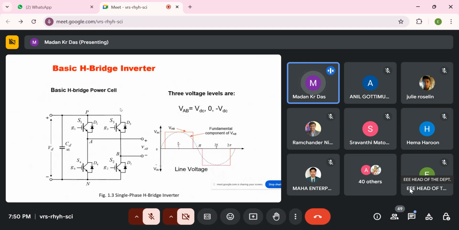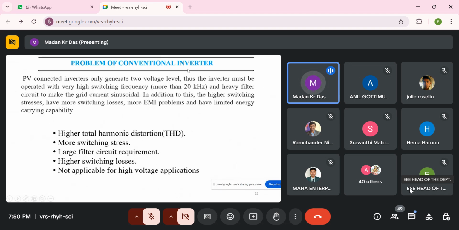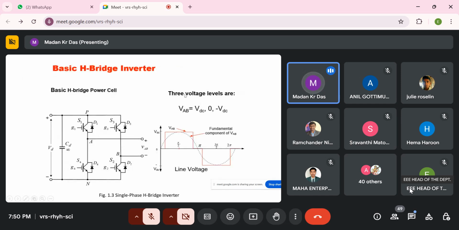Okay, so this is the problem of some conventional inverters. Here we have a 3-level output voltage. This is the conventional type inverter, which we use in our day-to-day applications.